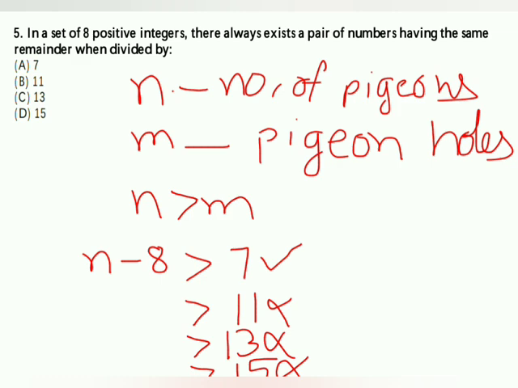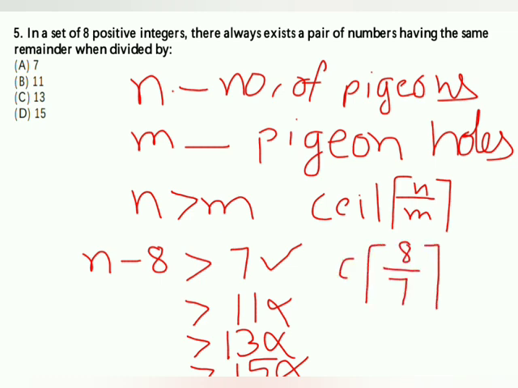And how to find that? There exists a pair of numbers from the given 8 positive integers with the same remainder. For this we have the function ceil of n by m. n is 8 and m is 7, so we get ceil of 8 by 7.